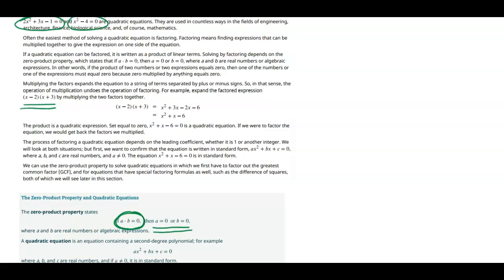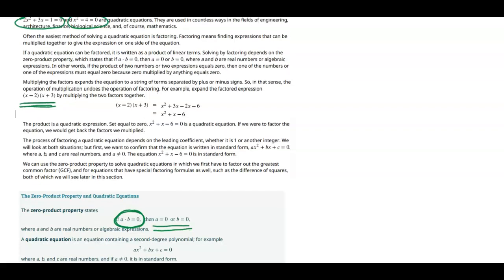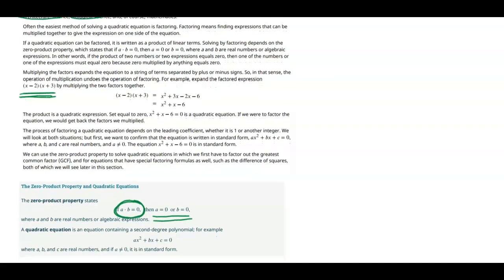Therefore, if you can factor your quadratic into two linear terms, then it must be true that if you set either one of those equal to 0, you can then find the zeros of your quadratic function.